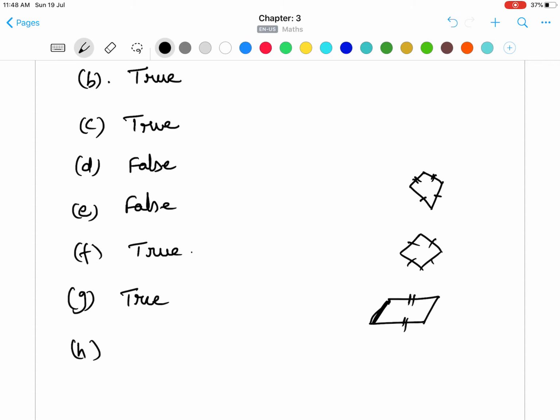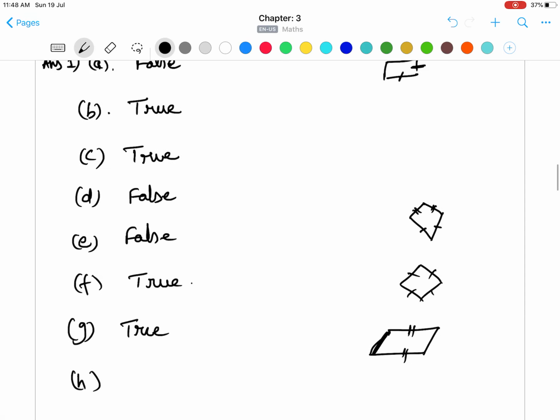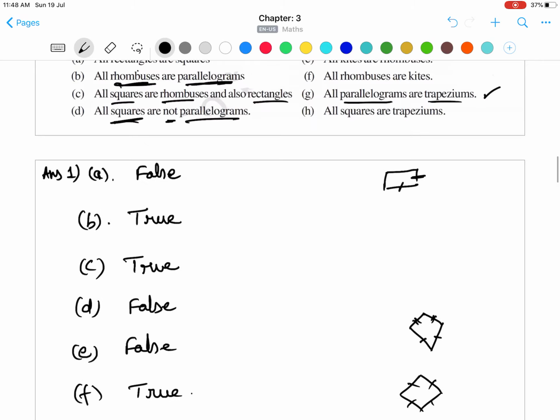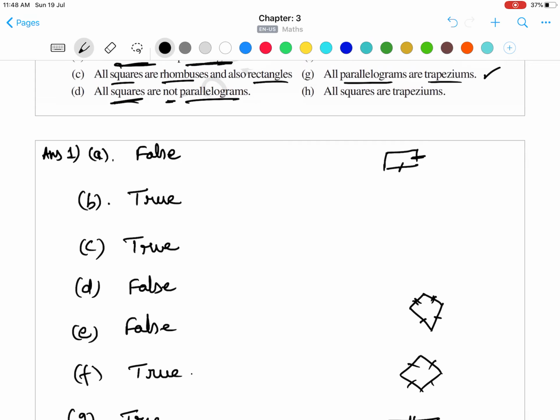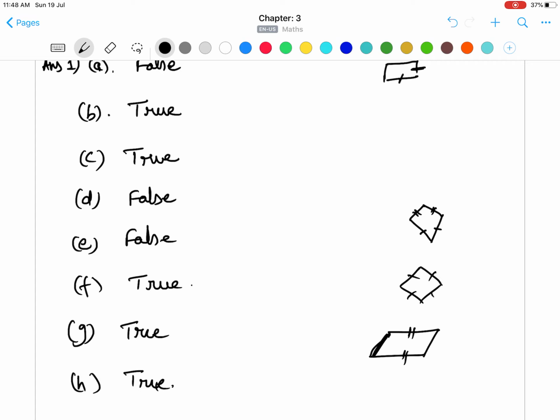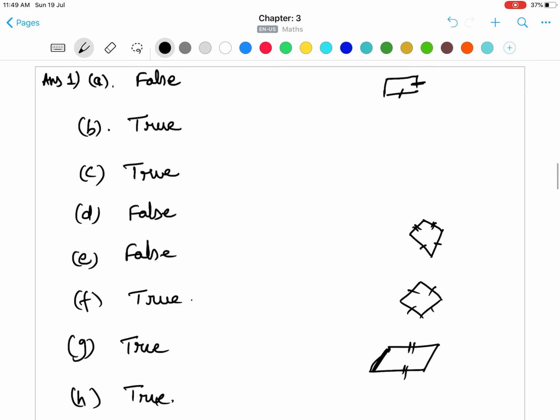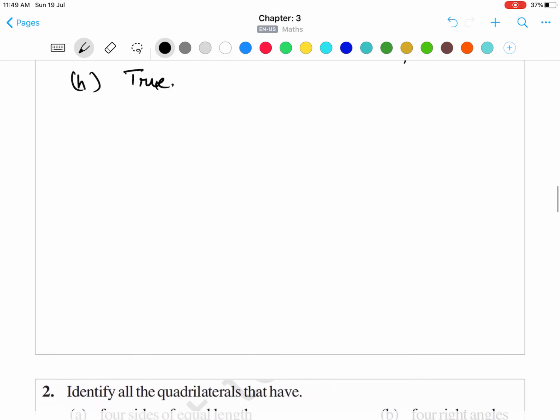And the last one is: all squares are trapeziums. This is also true, because in a trapezium we need only one pair of opposite sides parallel, and in a square both pairs are parallel, so it satisfies the properties of a trapezium too. So this is the solution of question number 1.